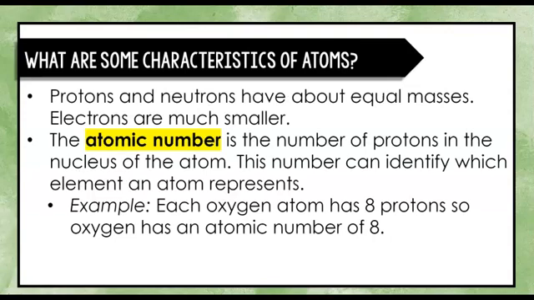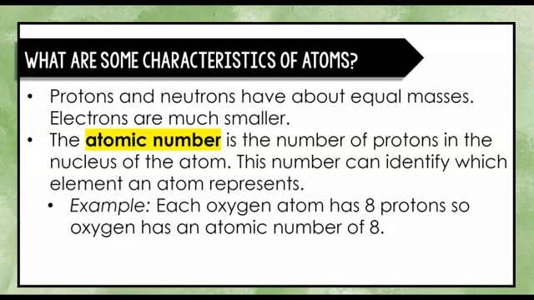Remember how we just said that protons and neutrons have about the same mass, but electrons are so much smaller? Well, let's look at some different characteristics of atoms based on these subatomic particles. First of all, the atomic number is the number of protons in the nucleus of the atom.